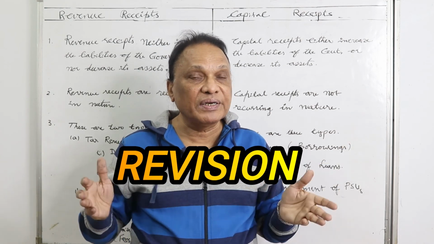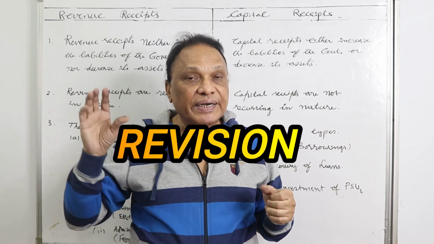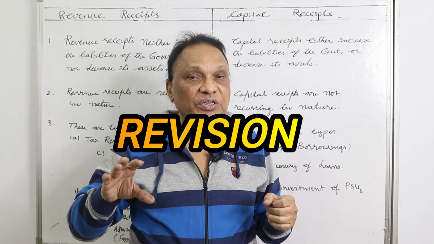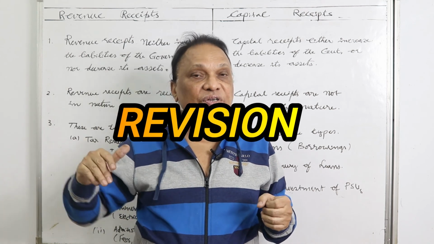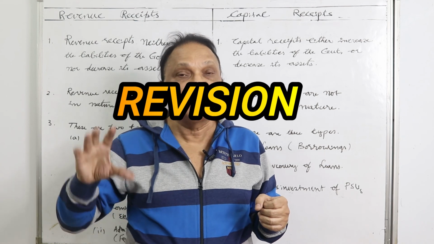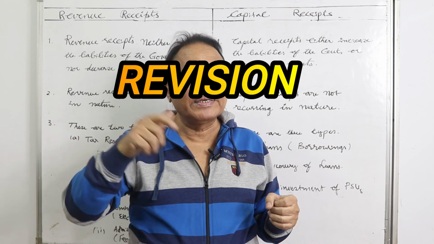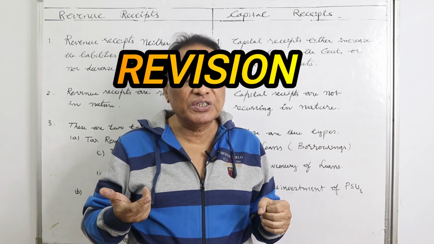Capital receipts are non-recurring in nature. Revenue receipts are divided into tax revenue receipts and non-tax revenue receipts. Tax revenue receipts are divided into direct taxes and indirect taxes. A few examples of direct taxes are income tax, property tax, wealth tax, and an indirect tax example is GST.